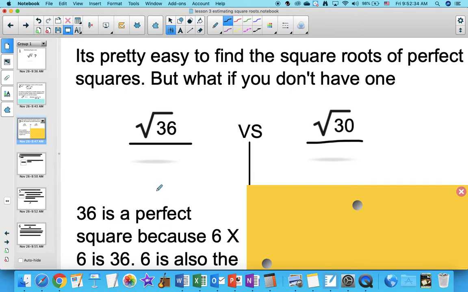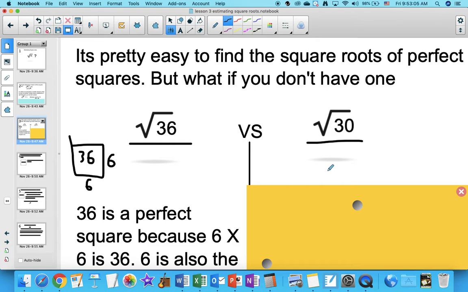We know this because if we were to draw a square and say the area is 36, and this is a square, so these sides have to be equal even though they don't look like it. What is the length of this side? Well, 6. For this to actually be a functioning square, the other side also needs to be 6, otherwise it becomes a rectangle. So we know that the square root of 36 is 6, because 6 times 6 is 36.